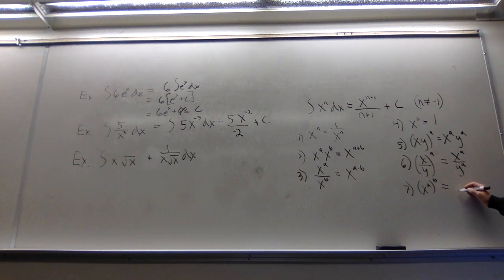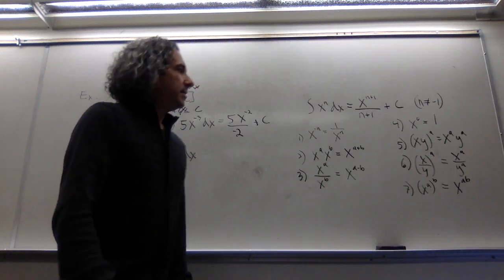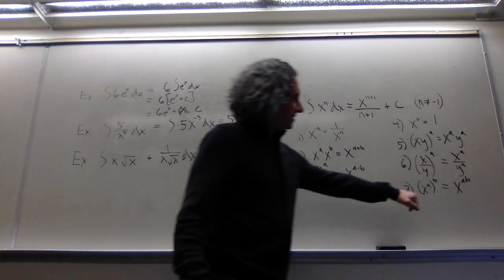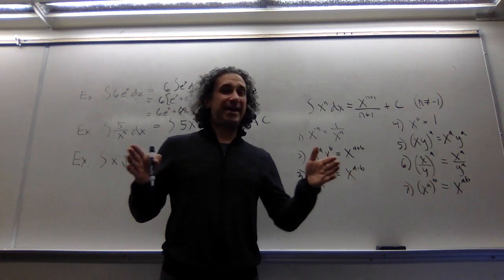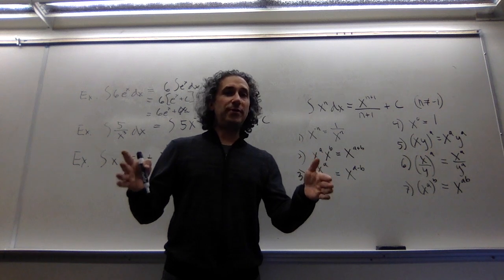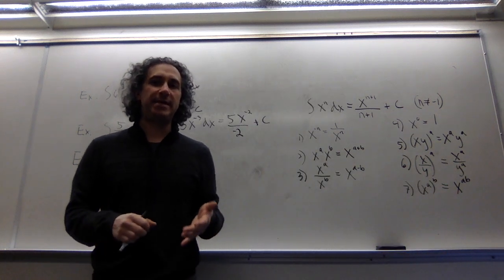And then finally, x to the a to the b is x to the a times b. And the idea behind this is x to the a means you have x. So you've got a of them, and you do that b times. So you have a total of a times b x's.